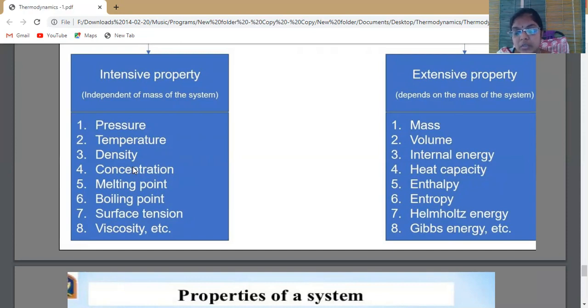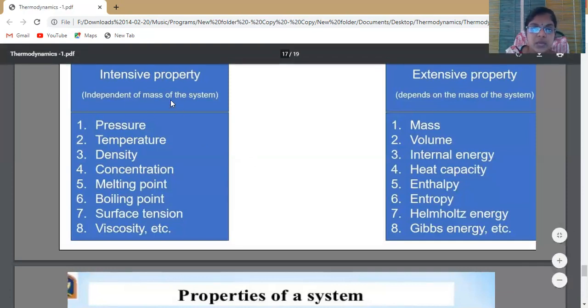When the mass changes and the shape changes, the system shape and size also change. Here when the mass is poured into a different shape, it changes the pressure, temperature, and density values. So it depends upon the mass: volume, internal energy, capacity, enthalpy, entropy. We can conclude these are extensive properties.